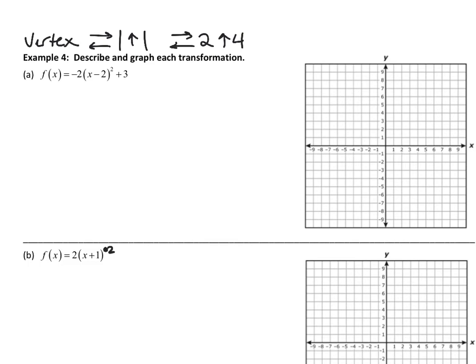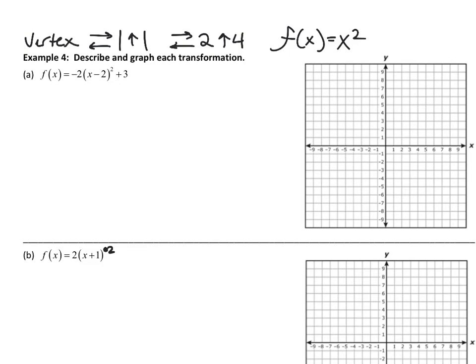That's going to help us quickly draw our sketch graph, accurately graph our parabolas on this coordinate grid, even when there's transformations involved. Because that's for the original f of x equal to x squared function. We just have to decide what the transformations do to it.